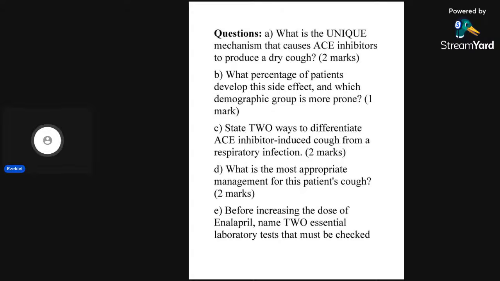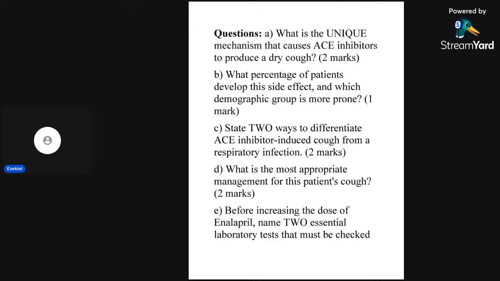What percentage of patients develop this side effect? I told you in the class about 15%. Generally, the range is about 10 to 20% of patients who will come down with this dry cough, and it is usually common in people from the Asian population.